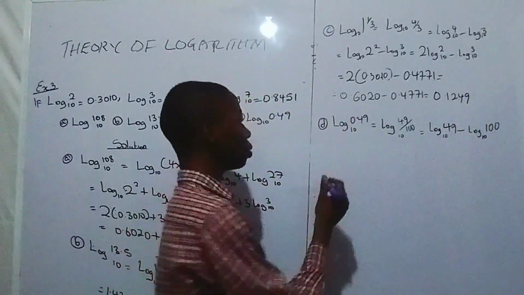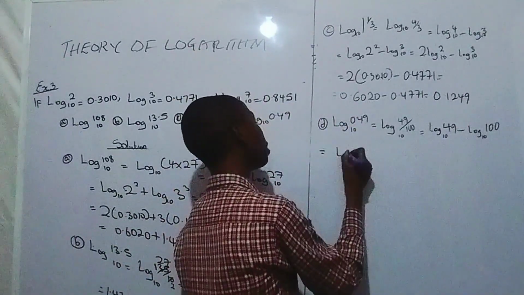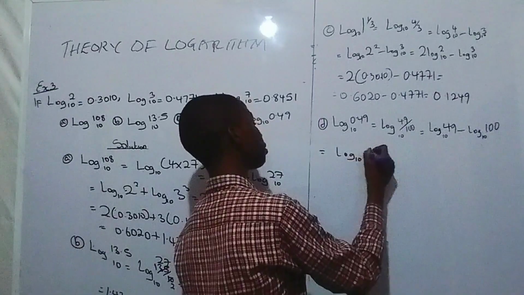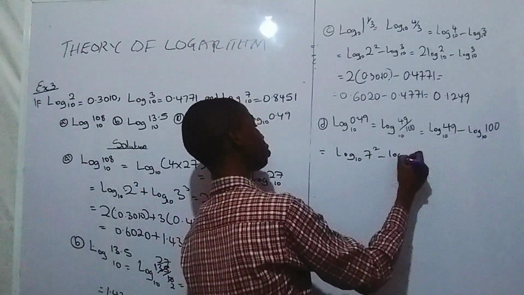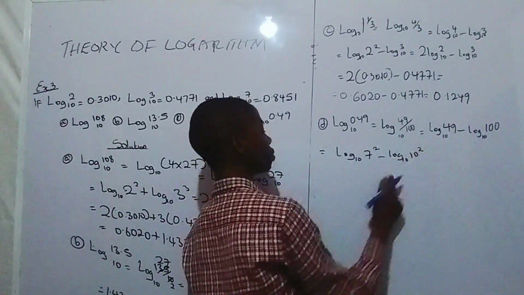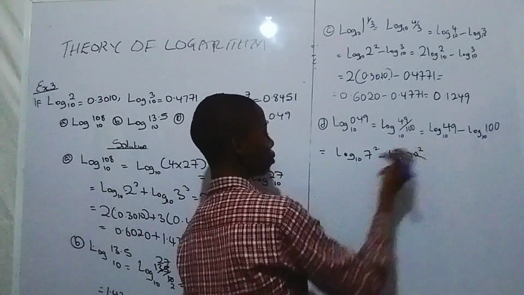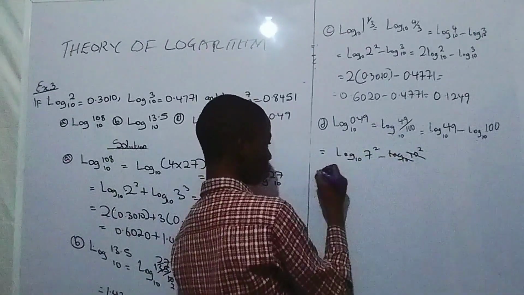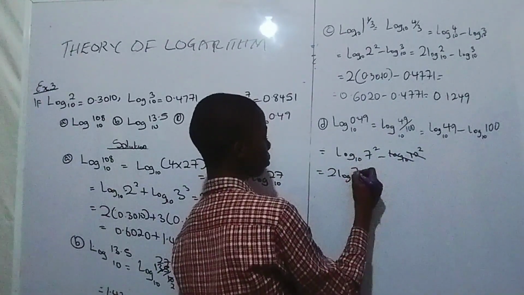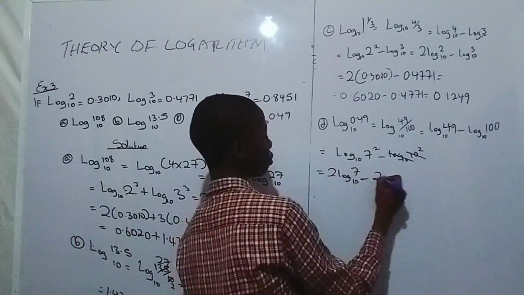So we have log 49, which is 7 raised to the power 2. 100 is 10 raised to the power 2. This cancels this, we are left with 2. The power 2 comes here, that is 2 log 7 base 10 minus 2.